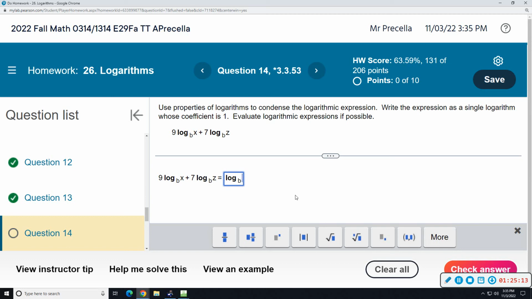What will I have first? Is there going to be a fraction bar? Oh, I should have asked that. No. So that means x and z are going to be multiplied. Where does the 9 go? The exponent on the x. What about the 7? Where does it go? Exponent on the z. I agree.